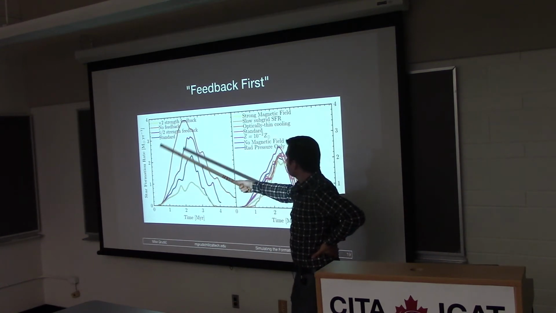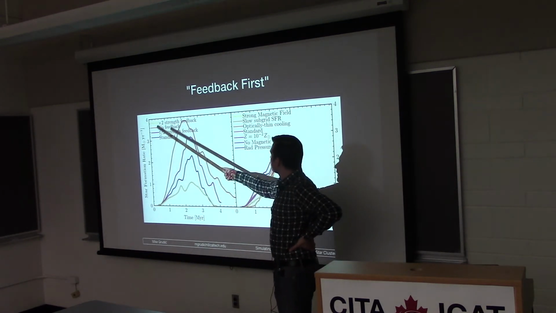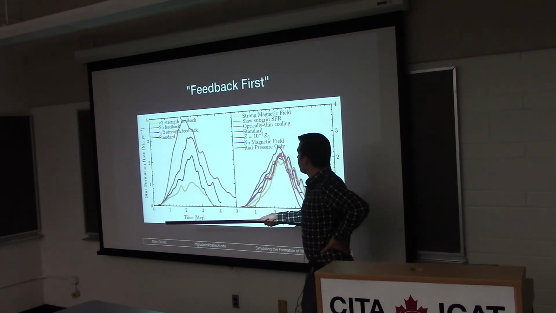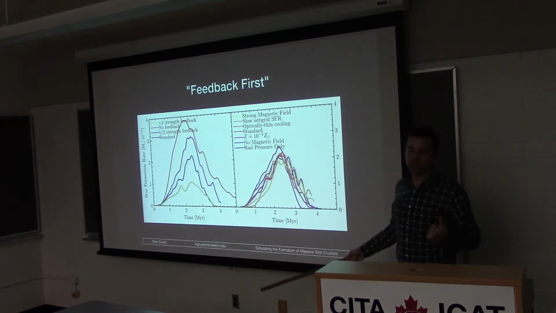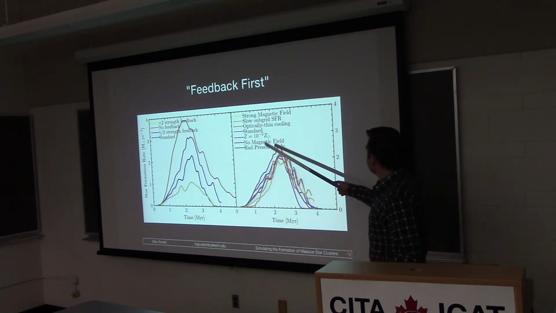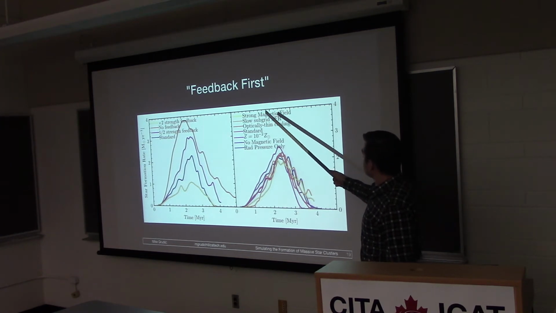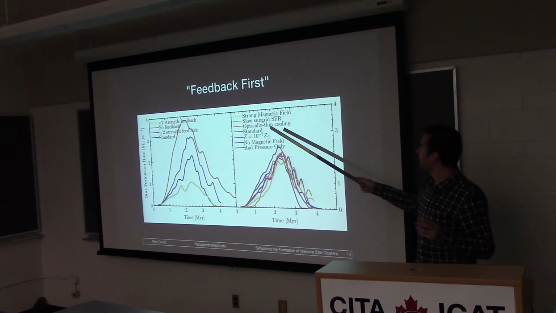I actually find something quite similar to what we find in galaxies, where if we double the strength of feedback, we halve the star formation rate, and vice versa. If there's no feedback, then essentially the cloud consumes all of its gas within a couple of free fall times. On the right, I've run different simulations where we make different modifications to the physics that we put into the simulation.